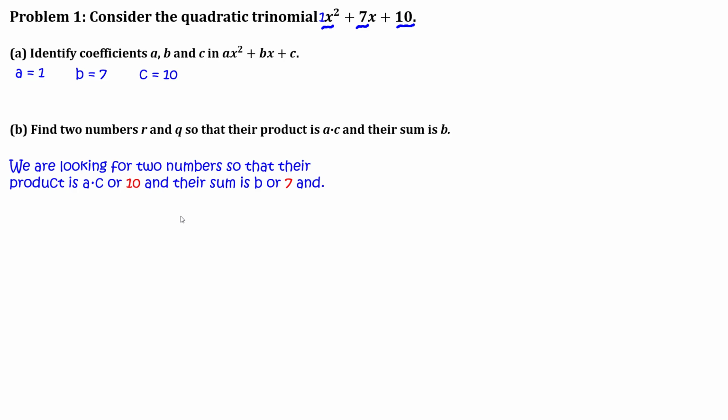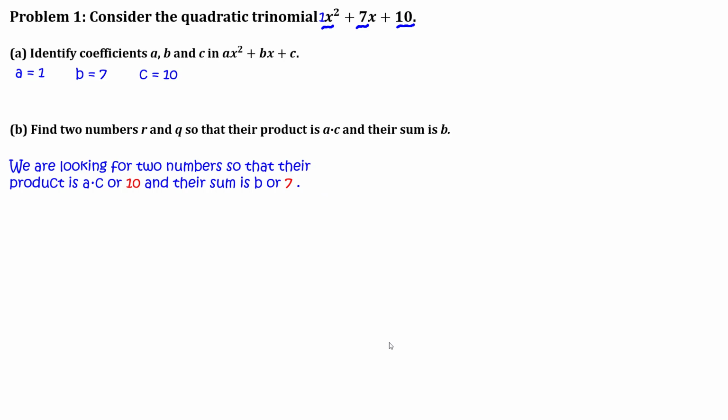In the second part, I'm looking for two numbers so that their product is a times c. Now what is a times c? A is 1, c is 10. So a times c is 1 times 10, or 10. So I'm looking for two numbers so that their product is 10 and their sum is b. Now what is their sum? Their sum is b, or 7.